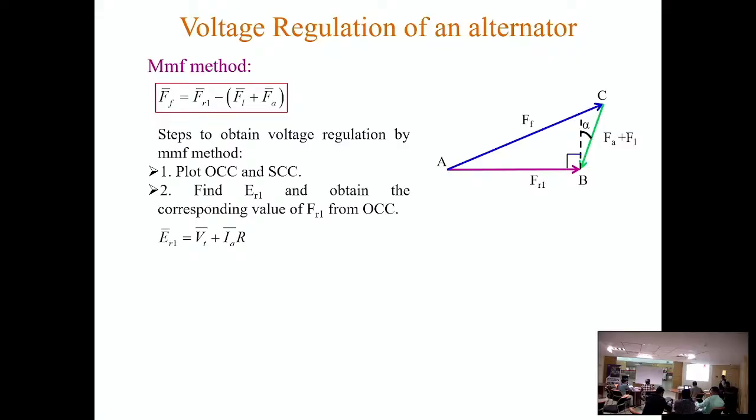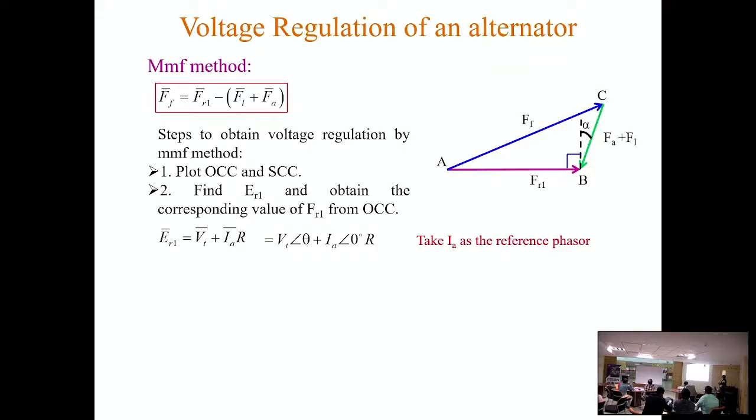Corresponding to that ER1 you have to find the field current value, which is your FR1. In this calculation you have to take IA as the reference phasor, otherwise you will not get this angle. If you take Vt as the reference phasor, you will get the angle of ER1 with respect to Vt, but this angle alpha is the angle between IA and ER1. That is why we need to select IA as the reference phasor. This point is important.